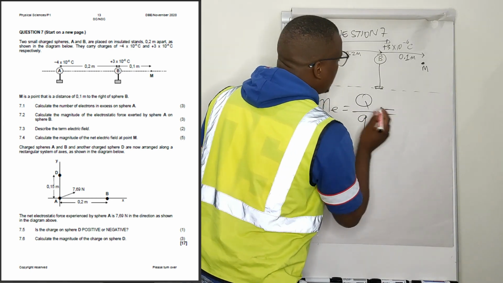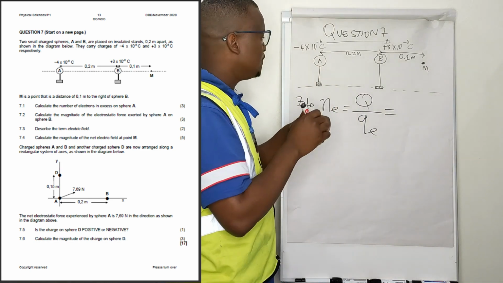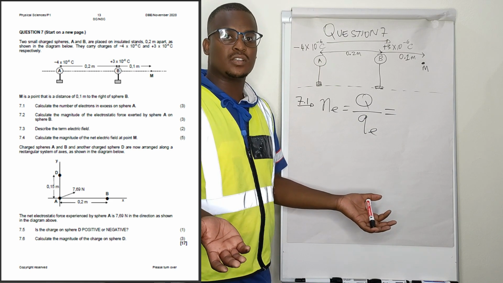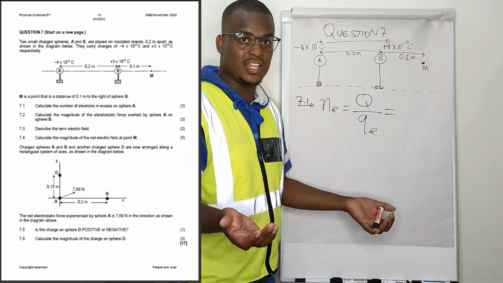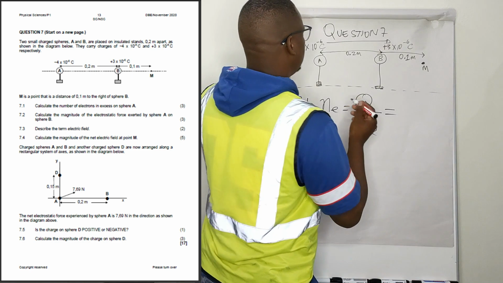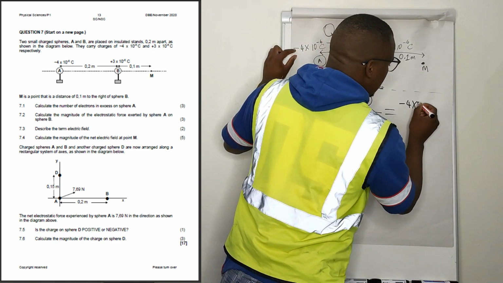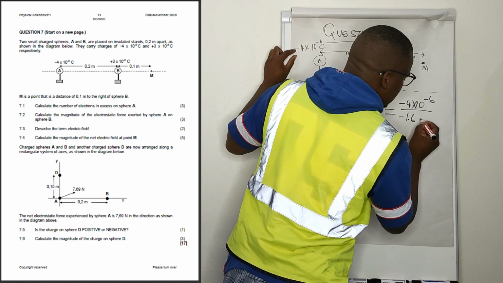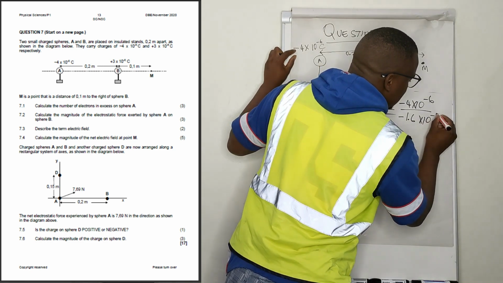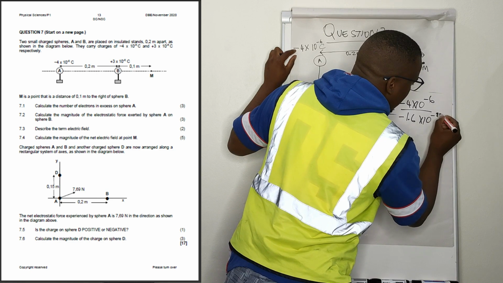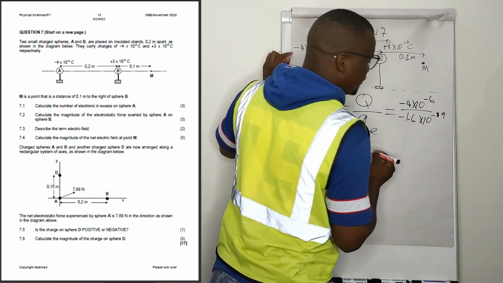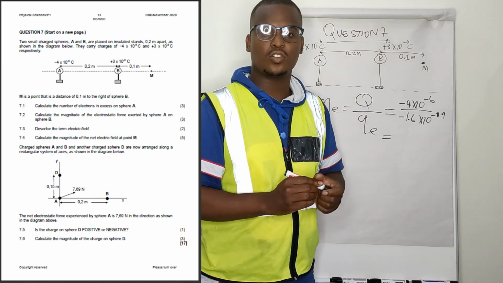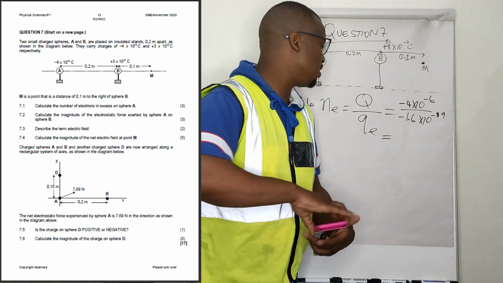Sphere A is the one that has excess electrons. How many excess electrons are there? So we're going to say minus 4 times 10 to the minus 6 divided by negative 1.6 times 10 to the minus 19. From this you'll get the number of excess electrons, so you punch it on a calculator.